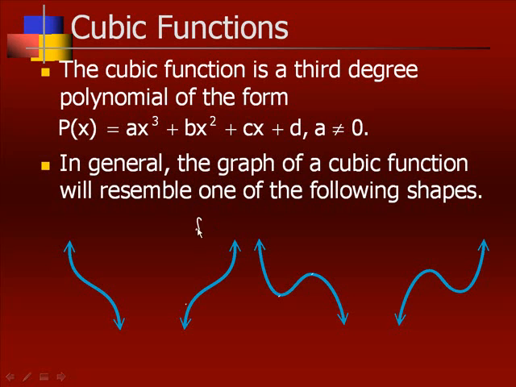This is the basic shape of f of x equals x to the third. This is f of x equals negative x to the third. And these two graphs show up when you have x to the third and maybe some squared terms or some x terms or some constant terms.